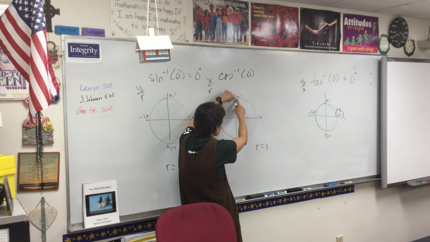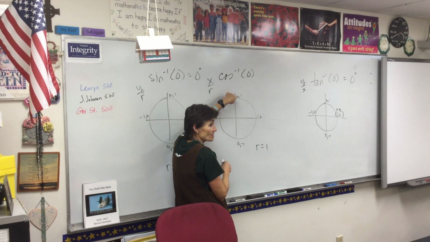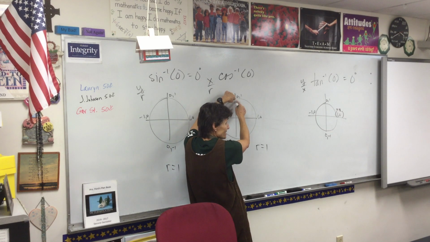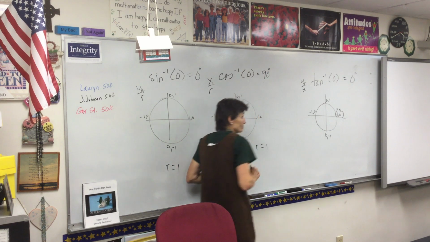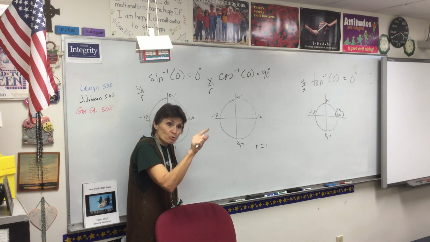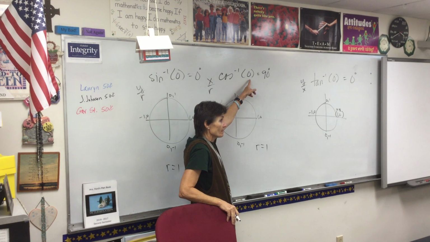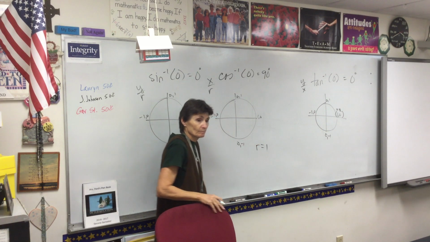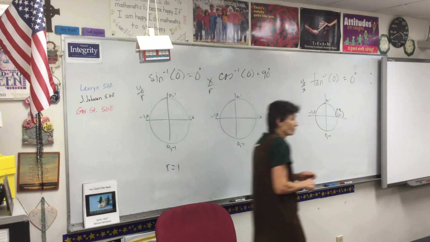If I put X over R, does that give me 0? Yes. So the answer to this one is this angle, which is 90. You just keep trying the points until one of them works. Gives you this number right here. Okay?